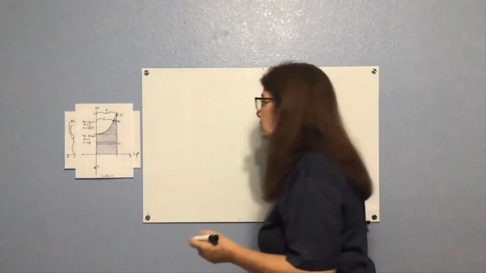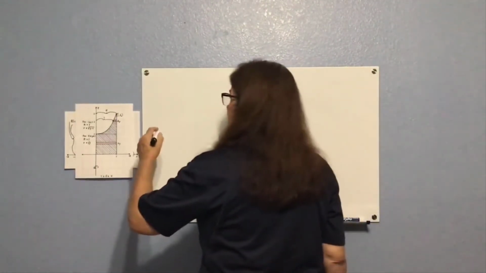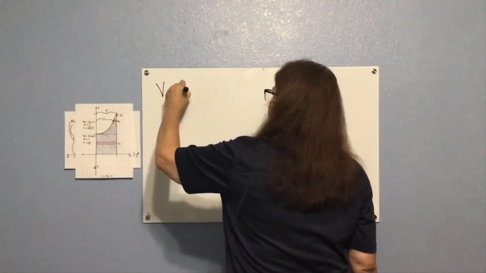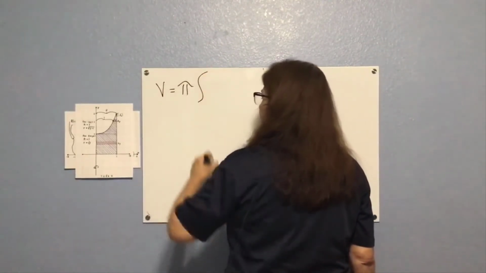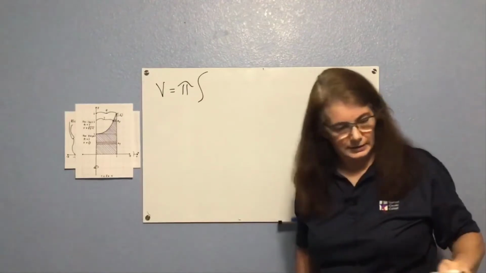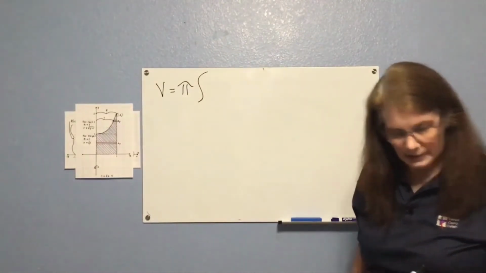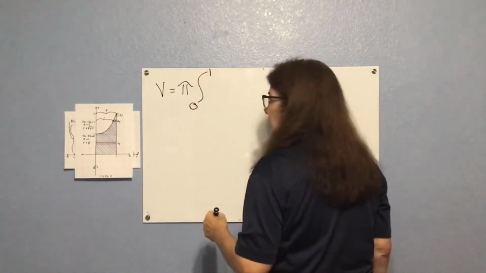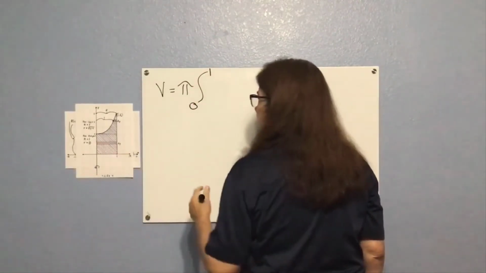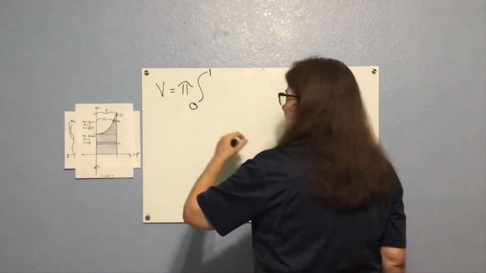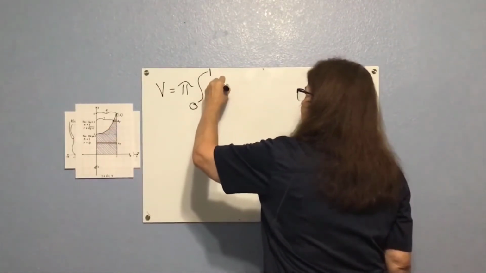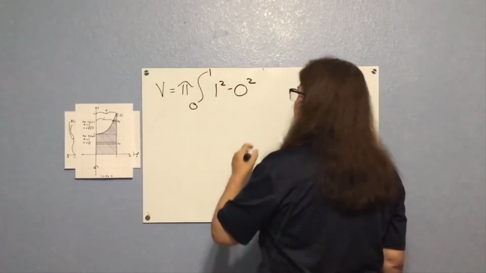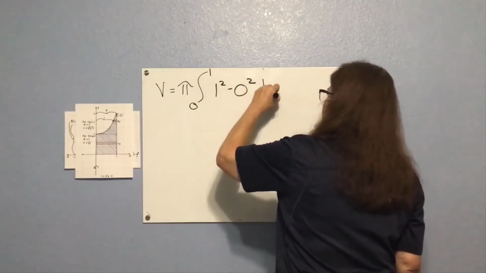So I'm going to now use two integrals to evaluate this. We're going to have pi times the integral from 0 to 1. We'll do this base part first, 0 to 1, and we're going to have 1 squared minus 0 squared dy.